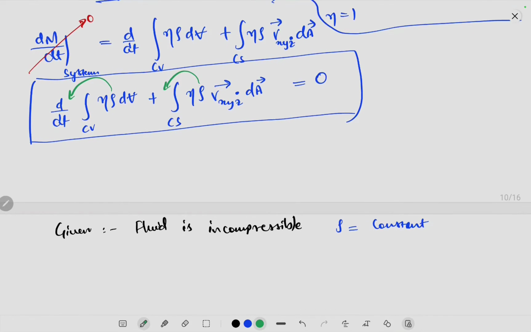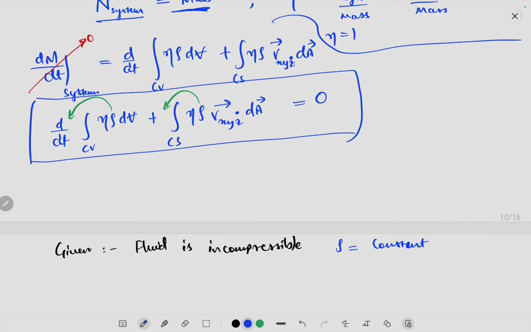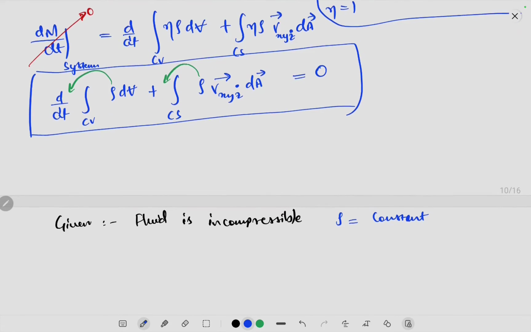Since eta is equal to 1 in this case, we should write 1 instead of eta, and 1 into rho would be rho, so it would look like this. Now if rho is constant, I can take this rho outside of this integral.